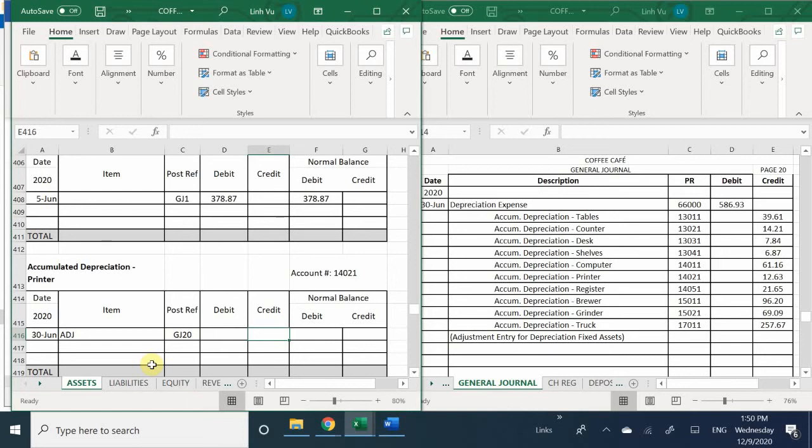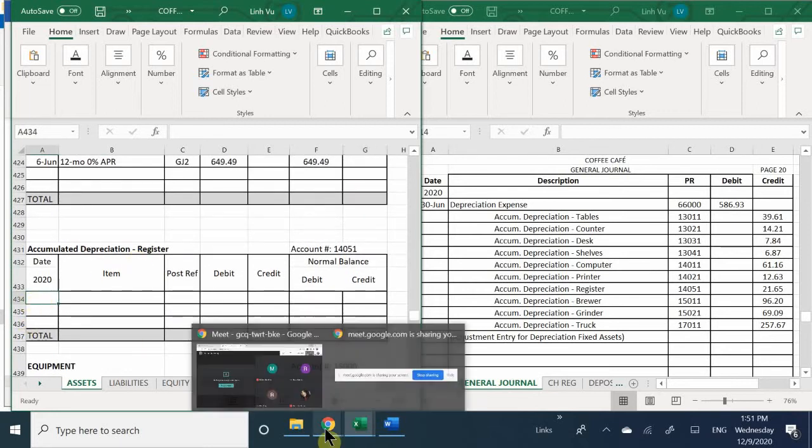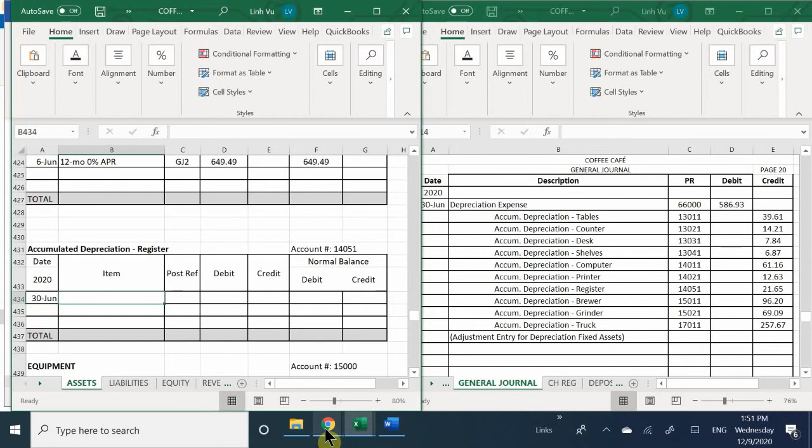Printer, $12.63 for the printer. Register, $21.65. Brewer.